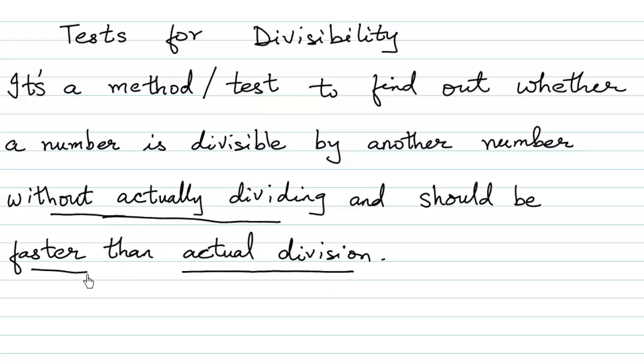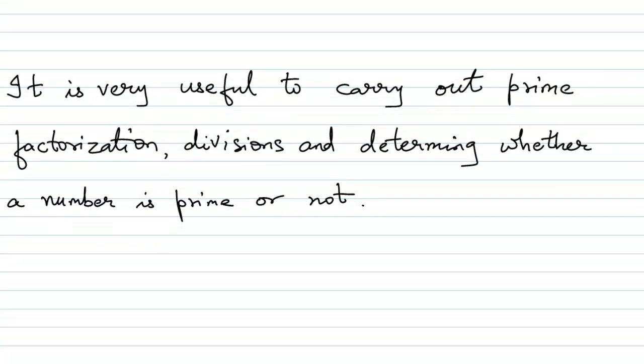If at all we need to divide a little bit, it should be a bit faster than the actual division. We're also going to study that this test for divisibility is very useful to carry out prime factorization, divisions, and determining whether a number is prime or not.